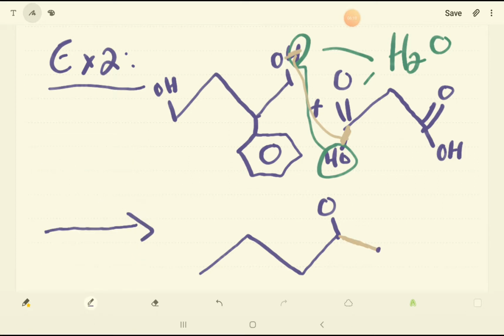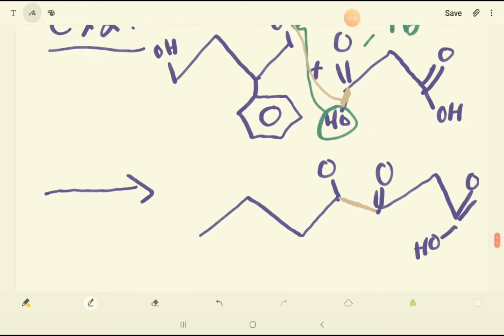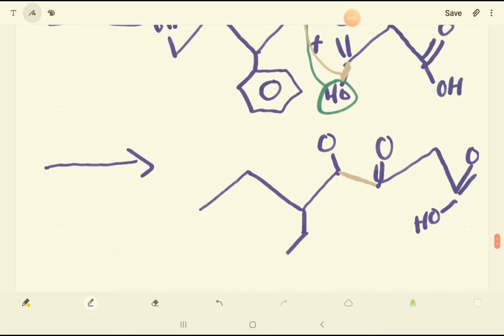Our carbon will be over here, and it's going to keep all of its attributes in the sense that it has the carboxylic acid head over here. But at this part of the alcohol, we also have to keep the benzene.